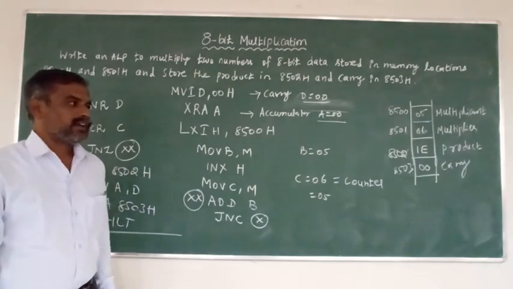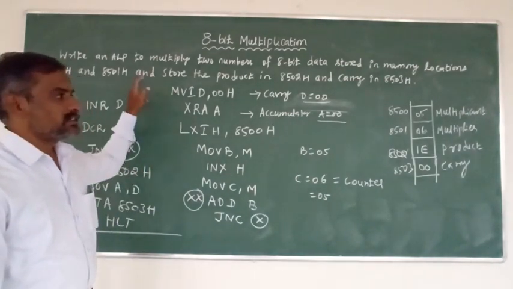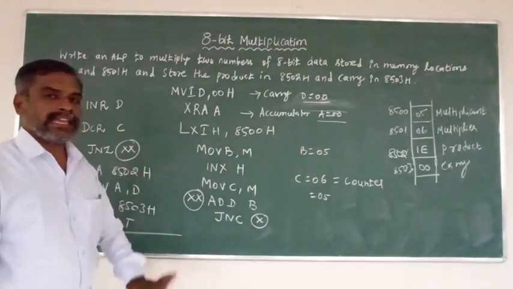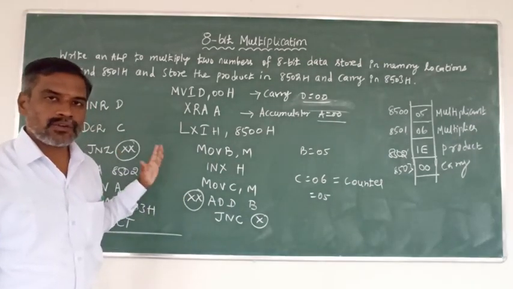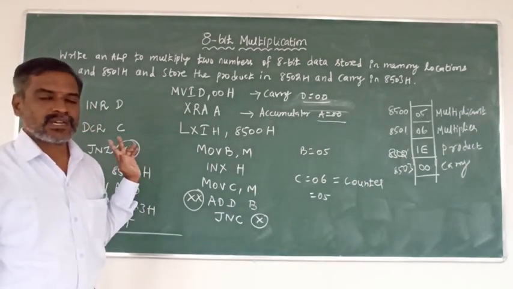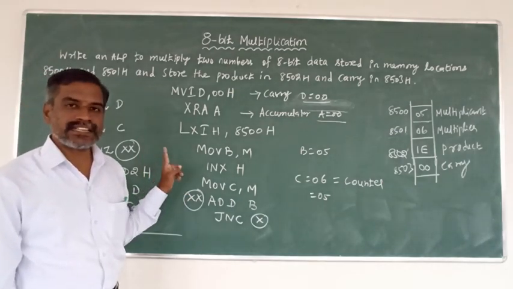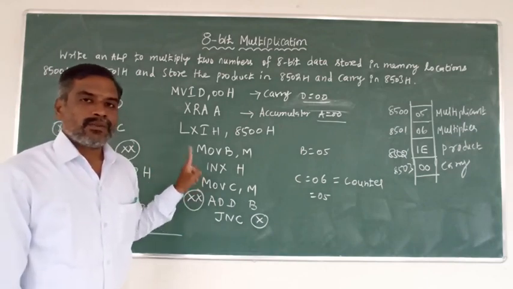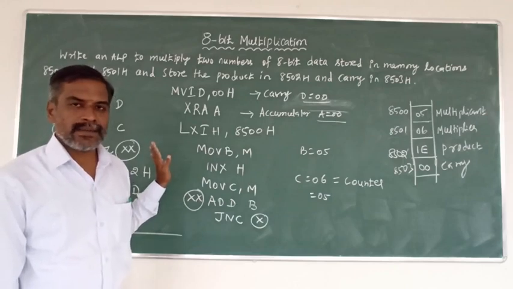This is the second method. The second method works whether there is a carry or not, but the first method works only without carry. Suppose we multiply two 8-bit data: if the result is within 8 bits, the first method works.